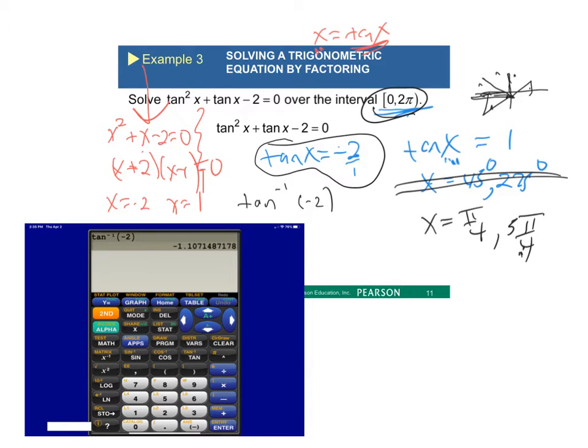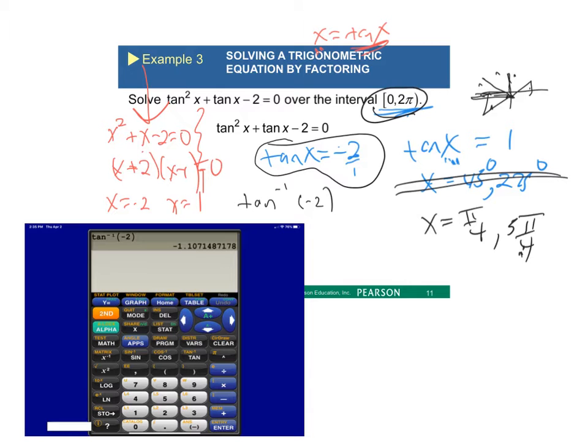Make sure you're in radian mode, because I first did it in degree mode, and I had something like, can't remember, was it a negative 100 degree angle, or I don't know, something like that. Anyway, let's look at it.